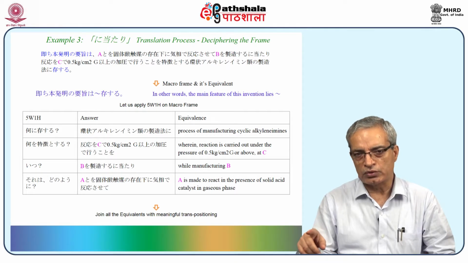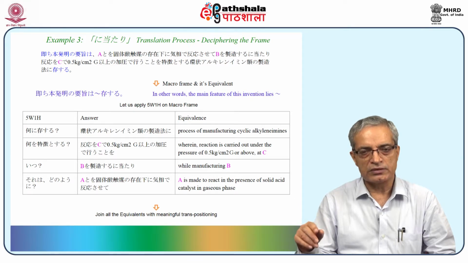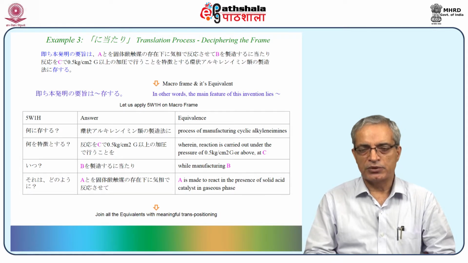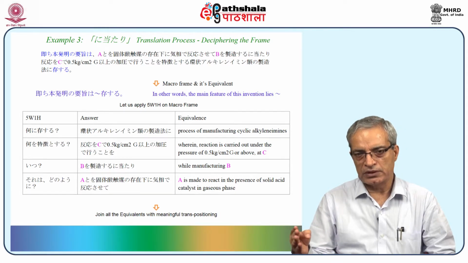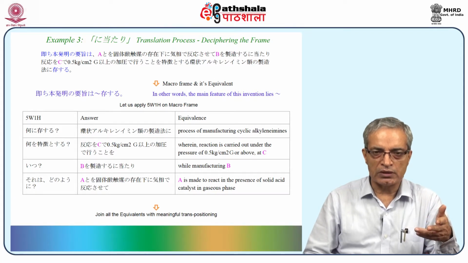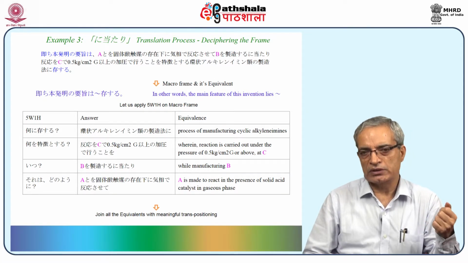So okonau koto o tokucho to suru. So wherein, we have done this tokucho to suru earlier, so that's the equivalent, wherein the reaction is carried out under the pressure of 0.5 kilogram per centimeter square G or above at C. Then the next question could be itsu and B o seizo suru ni atari, that means while manufacturing B.